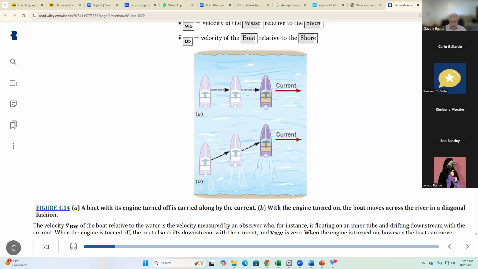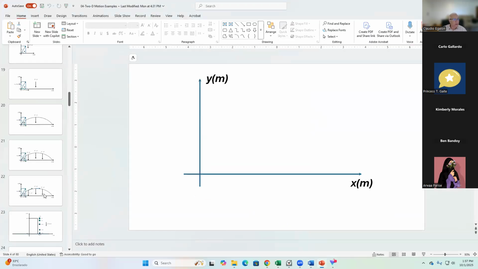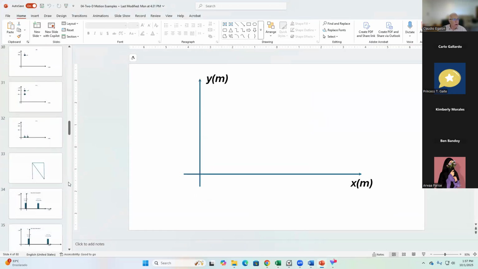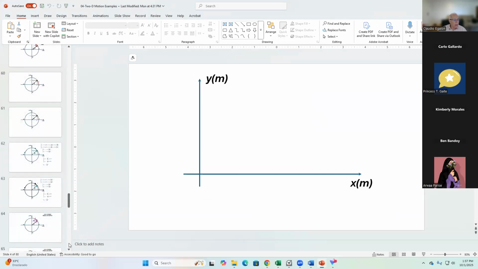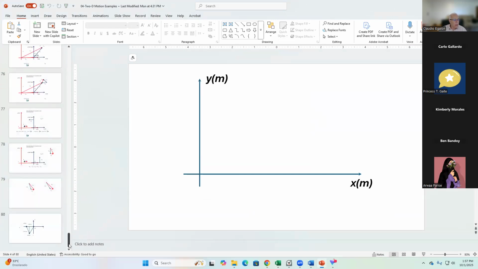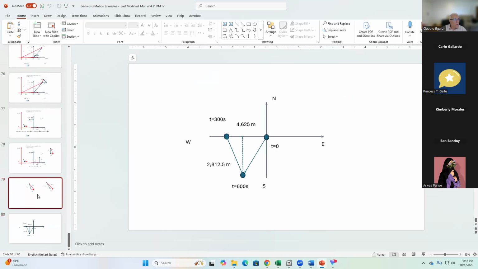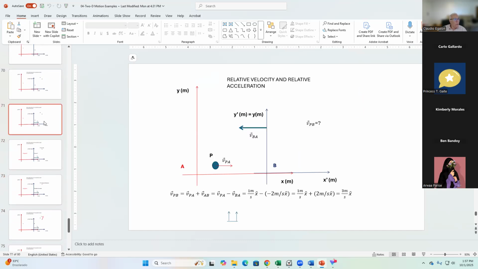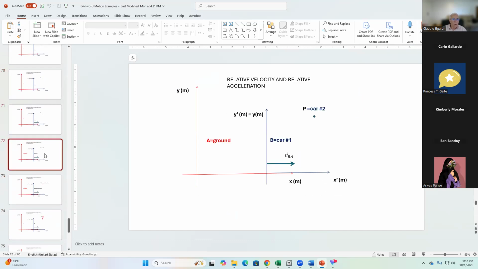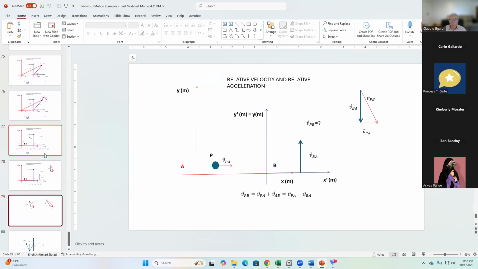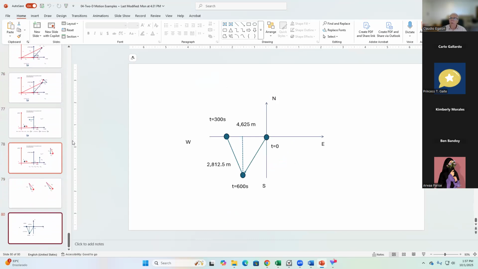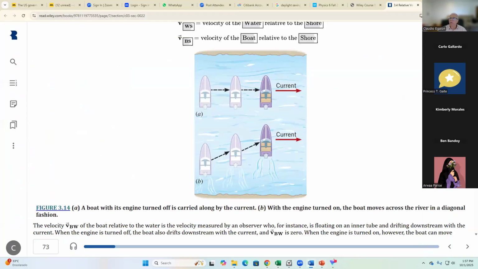Okay, so let's write that down. Now let's see if I have an illustration here. I used to have an illustration of this problem.